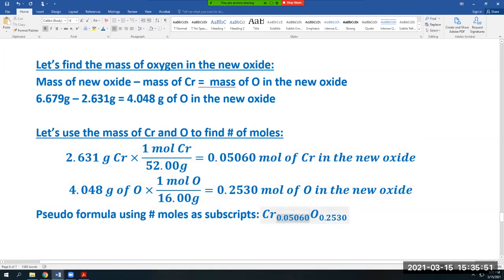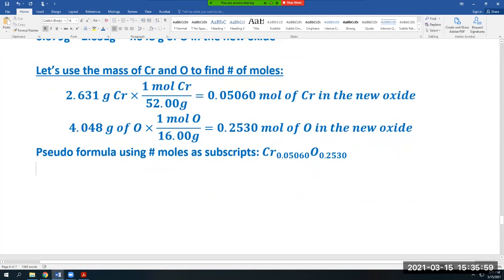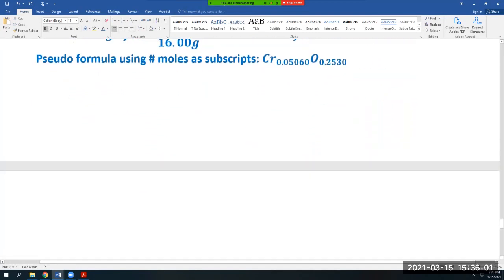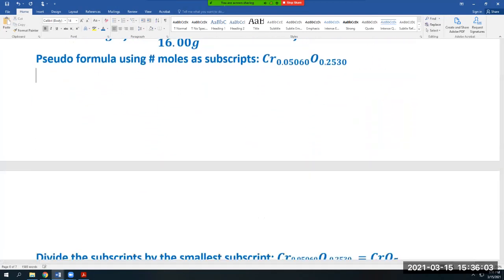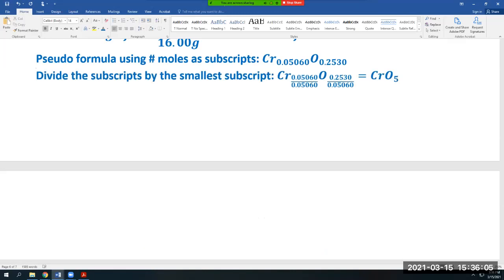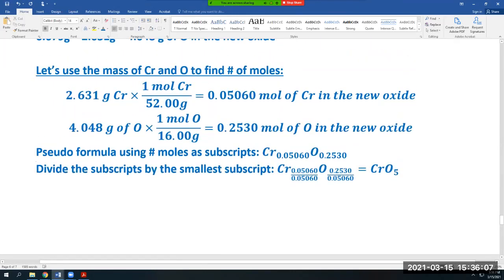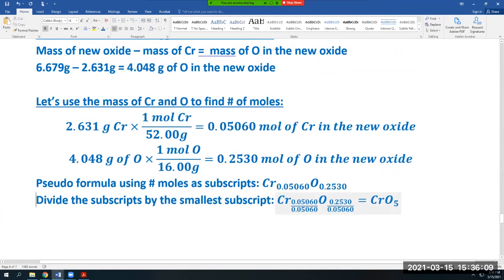And here the smallest value is this 0.05060. So we will divide both subscripts by that. And so when we divide by this, we get that. So that's going to make a subscript of 1 for chromium.